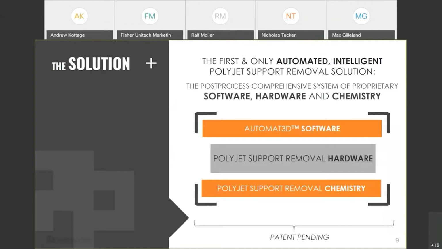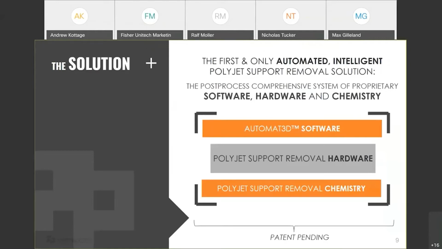Each one of our solutions, we really pride ourselves on 3 legs. It's the software, hardware, and chemistry. And as I alluded to at the top, software really being the foundation of it. It's really going to be the brains behind our process. But of course, you need the hardware and chemistry to work with that software.